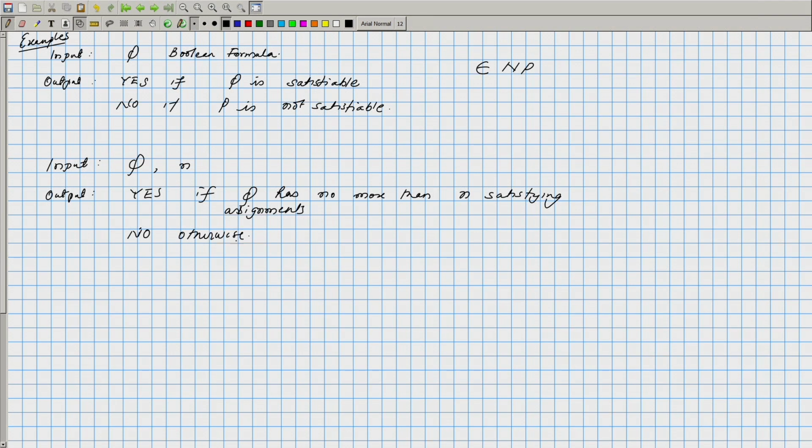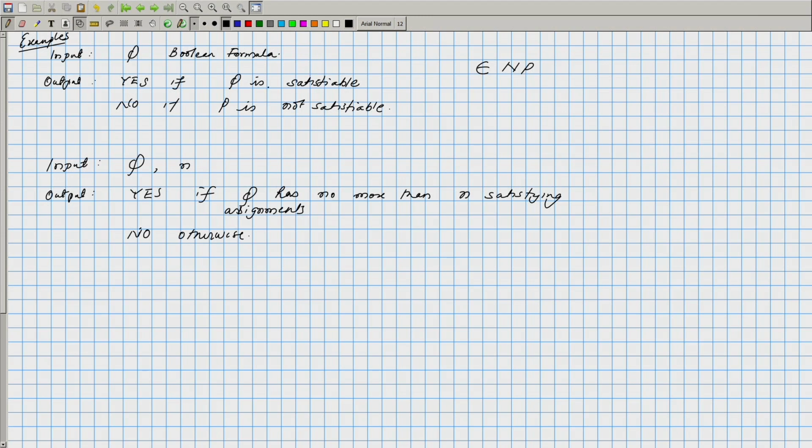In this case, it is not even clear that we can verify this easily. Suppose somebody gives you n satisfying assignments, we need to figure out that these are the only satisfying assignments for this particular formula. It is not clear if there is a polynomial time algorithm for solving this problem, and we do not know whether this belongs to NP as well.